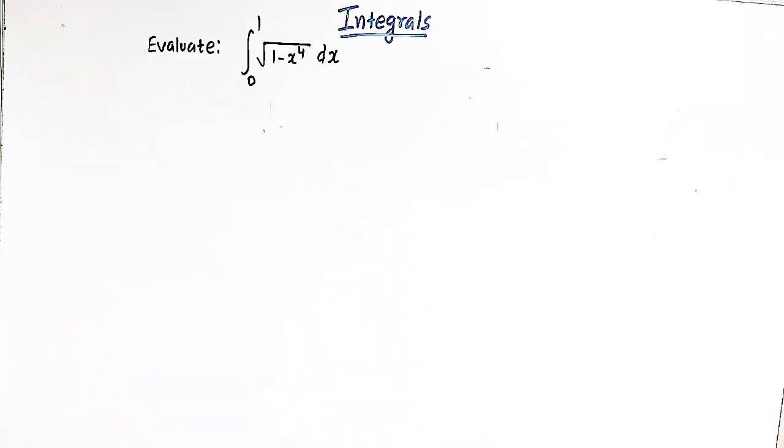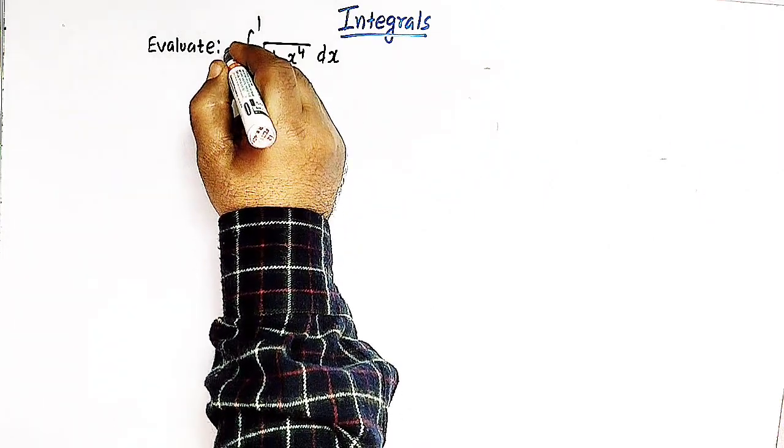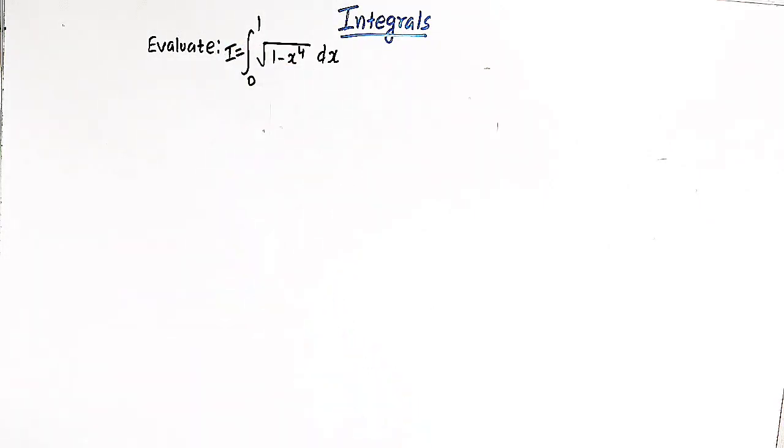So let us see how easily we can solve this integral using some important results from beta and gamma functions. So let us start, and let us first call this integral I.